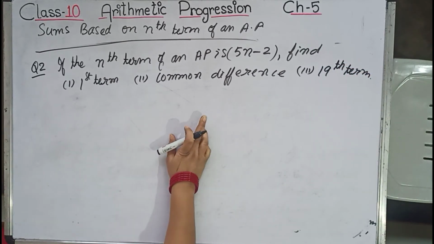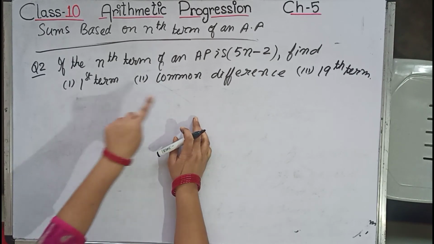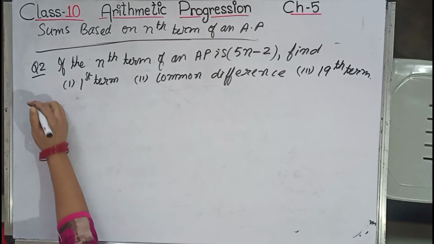So now you can see the general term is given in terms of n, and we have to find the required 3 things. So let us start.